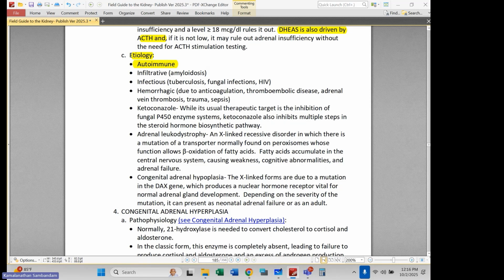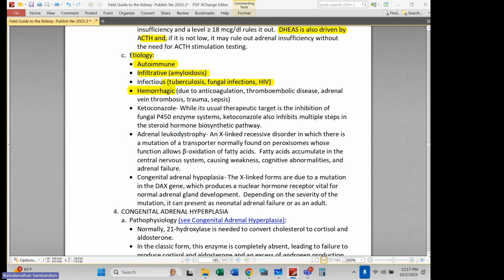But sometimes it's isolated to primary adrenal insufficiency. Infiltrative diseases include cancers and infections. One of the most common worldwide causes of adrenal insufficiency is actually tuberculosis occurring in the adrenal glands.